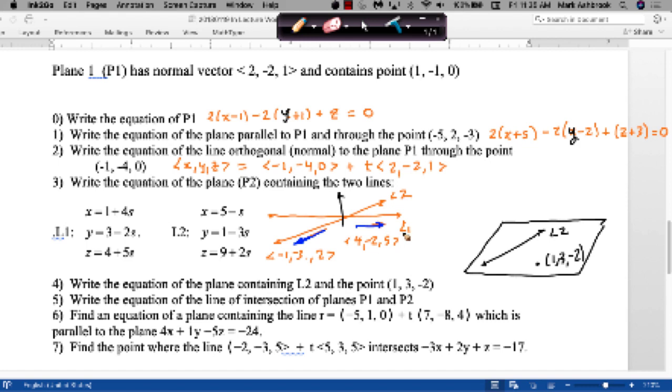Right, so you can do the cross product of your two direction vectors. That'll give you that black vector that I've drawn. And then use any point that you want on either line, and you can set up the equation.